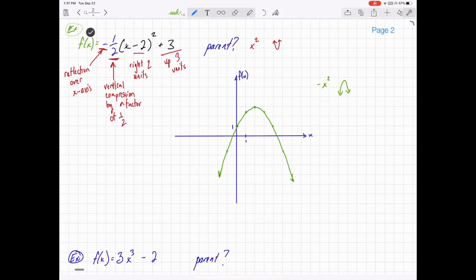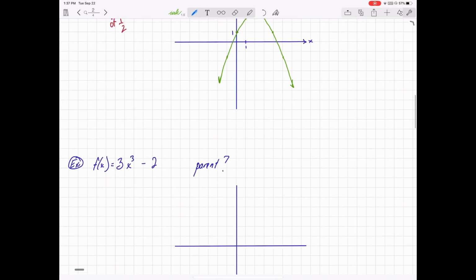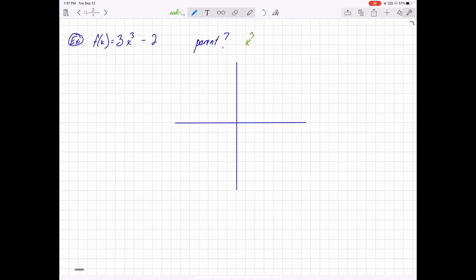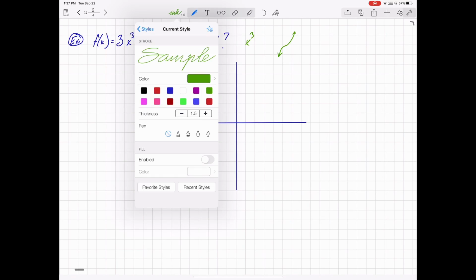Okay, let's do another one that has a different parent function. So in this case, it's the cubic function. So the cube, that would be our algebraic representation. And then the cubic function does this, or has that sort of general shape. So let's look at our transformations here.